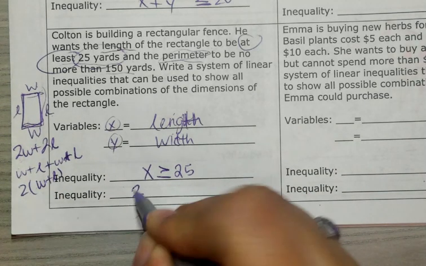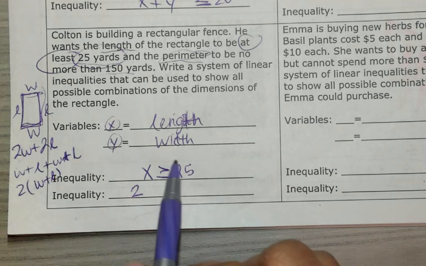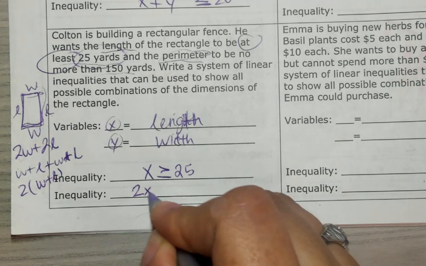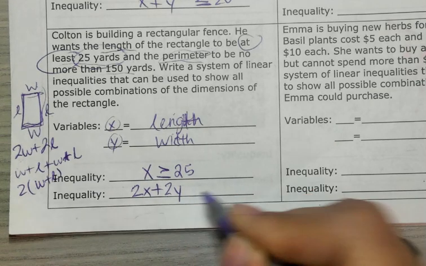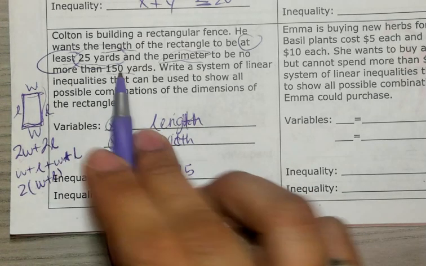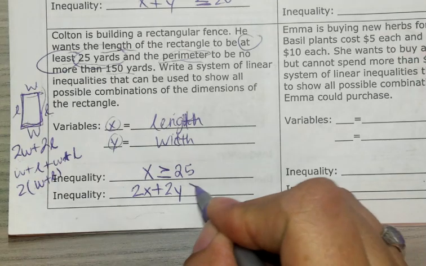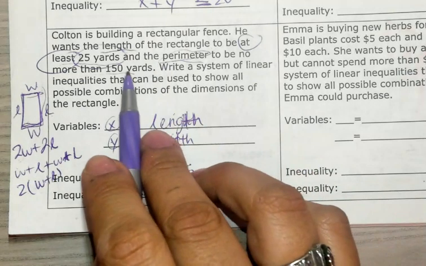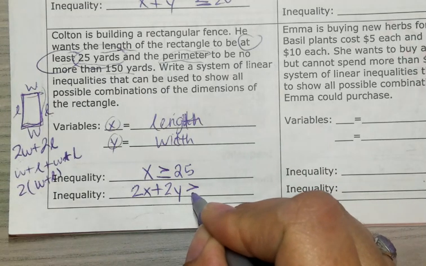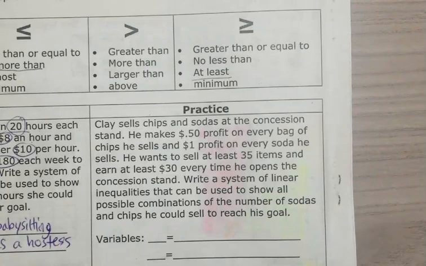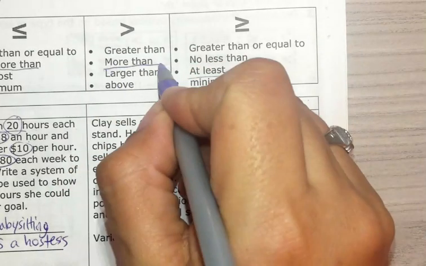So I'll just do 2x, it doesn't matter, plus 2y. And it has to be more than 150. So more meaning greater than, more than that amount. I guess you can use this as well, more than right there.